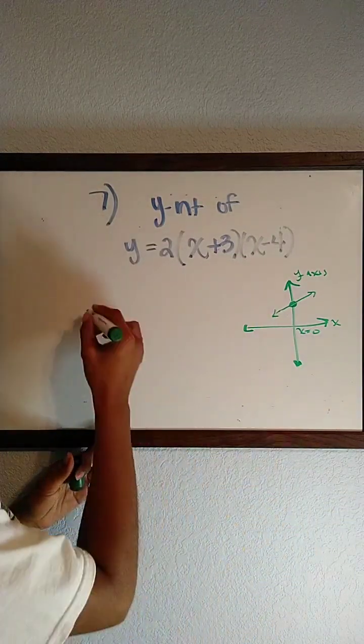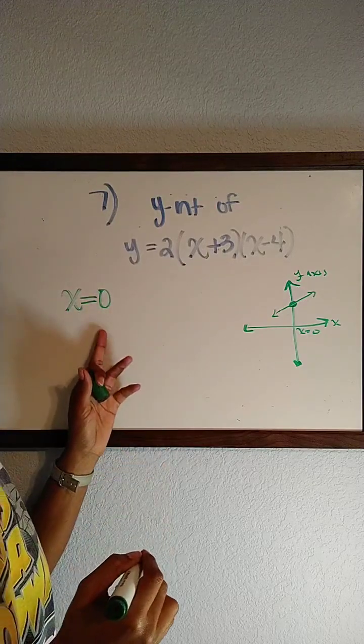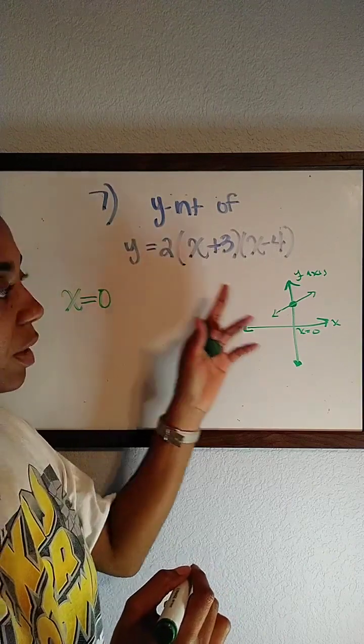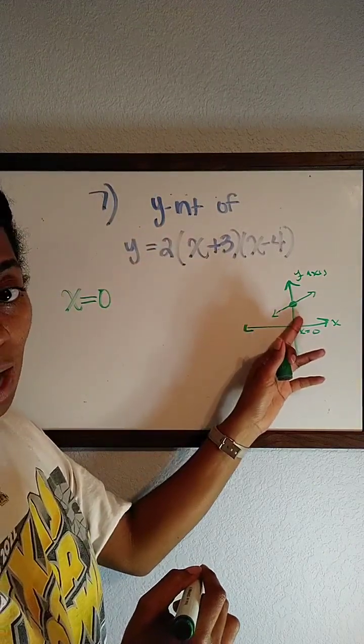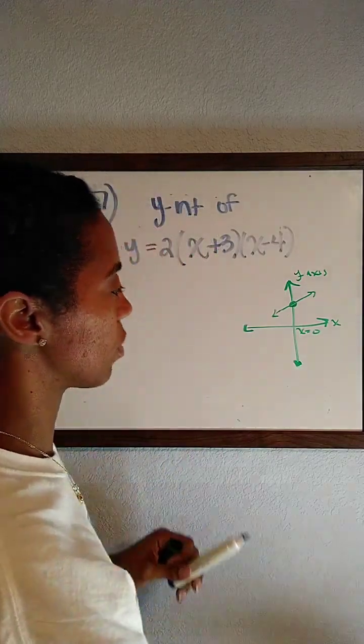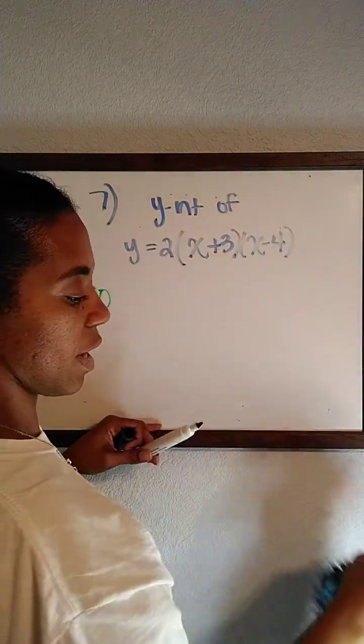We're going to ask, what does y equal when x is equal to 0? When x is equal to 0, it's going to give me my y-intercept. It's going to tell me where the graph is crossing the y-axis. All you have to do is substitute in 0 everywhere there is an x.